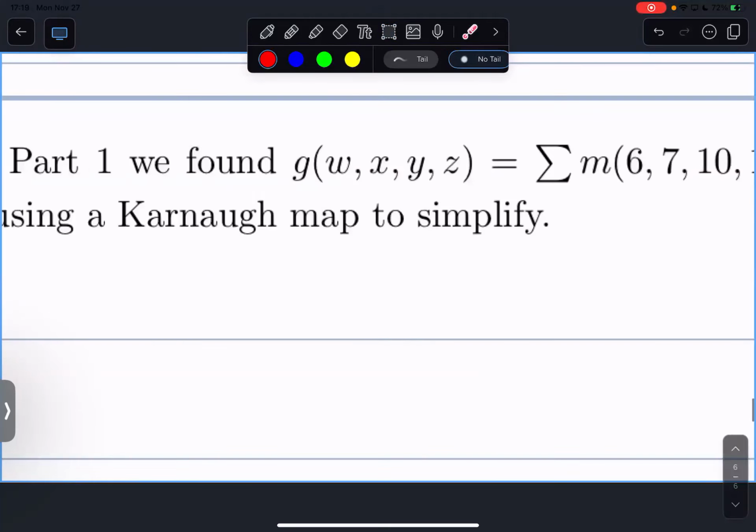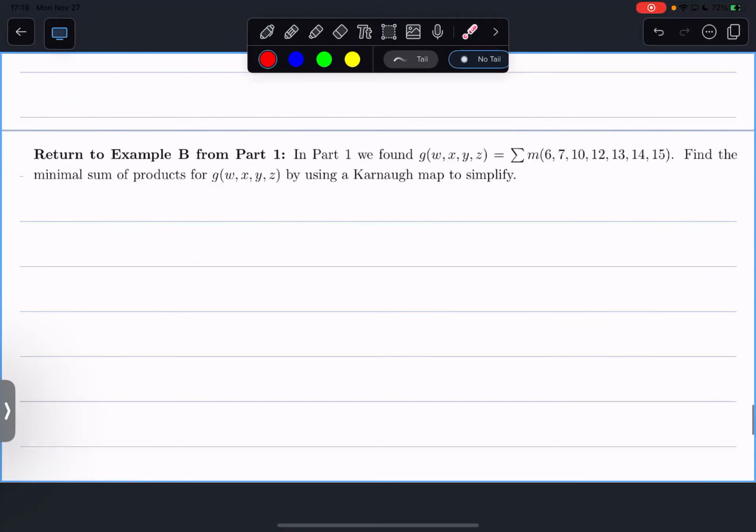Now I've got this G, W, X, Y, Z. It has a bunch of min terms, and I'm just going to make a note that I have 4 literals. So I'm first going to set up my table, and then I'm going to map these into my map, I guess. And then we're going to simplify.